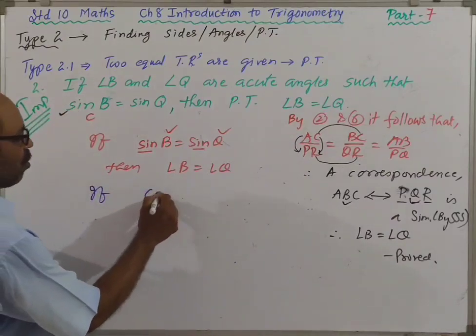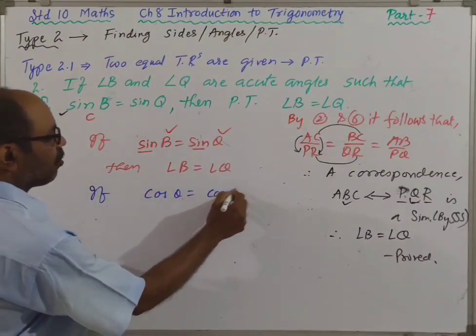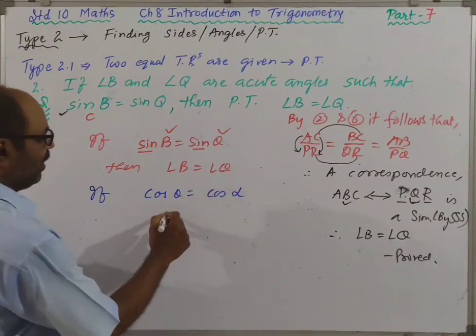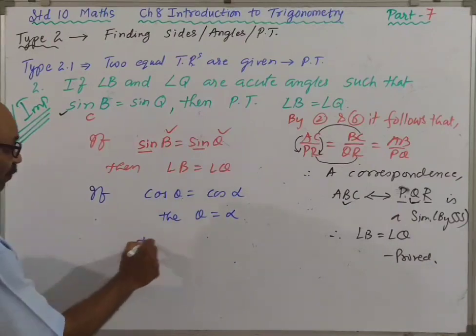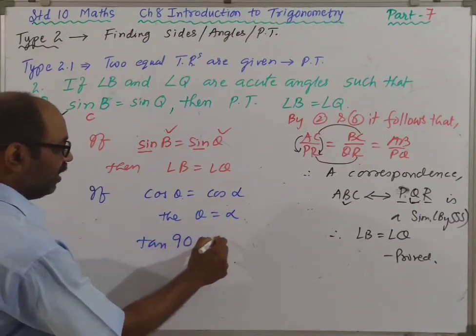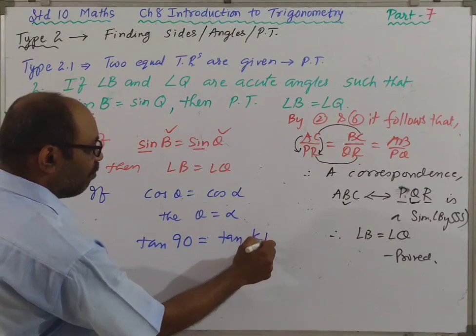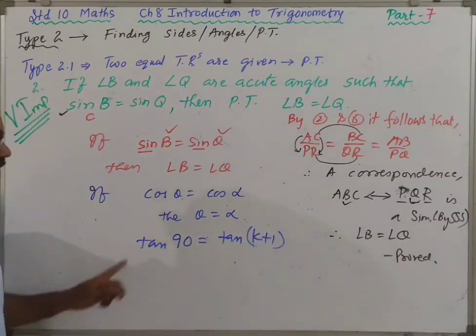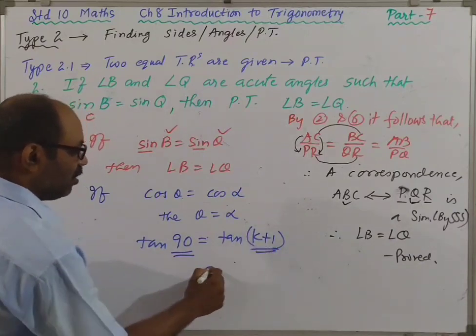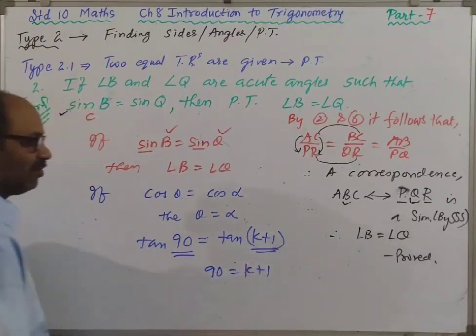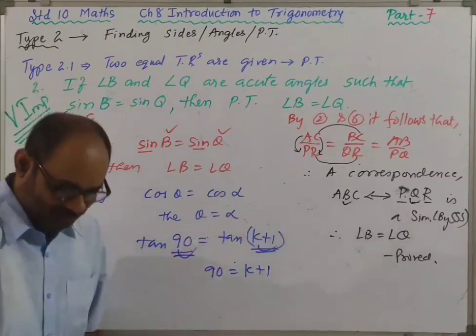If cos theta is equal to cos alpha, then you can say theta is equal to alpha. If tan 90 is equal to tan k plus 1, that is possible only if these angles are equal. So 90 is equal to k plus 1, angle equal to angle.